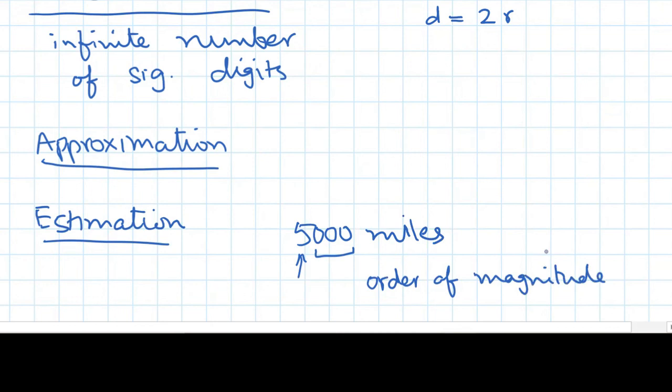For example, if you were comparing the distances between the sun and earth and moon, we won't be worried about the exact distance. We may be saying this is that many million miles and that is that many billion miles. So all those lower digits we're just treating as zero.